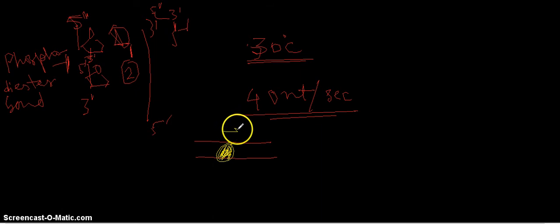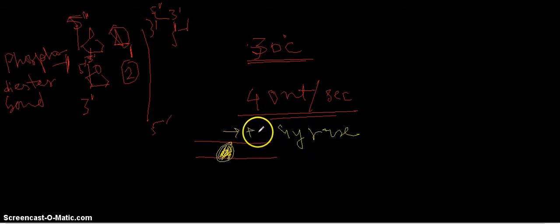So now as it moves, in the front portion where it is moving, positive supercoiling is generated, and this positive supercoiling is removed by the enzyme called gyrase.